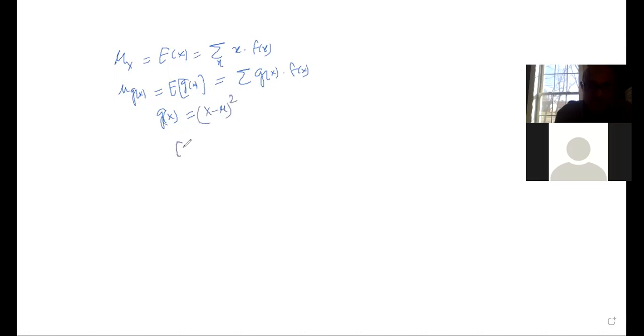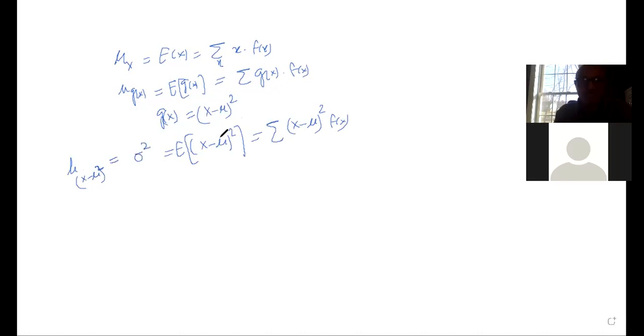If I replace g(x) by (x minus nu) squared in this formula, it is equal to the summation of (x minus nu) squared times f(x). We don't write it as nu of g(x) or like this. That is actually the same, but we write it as sigma squared.